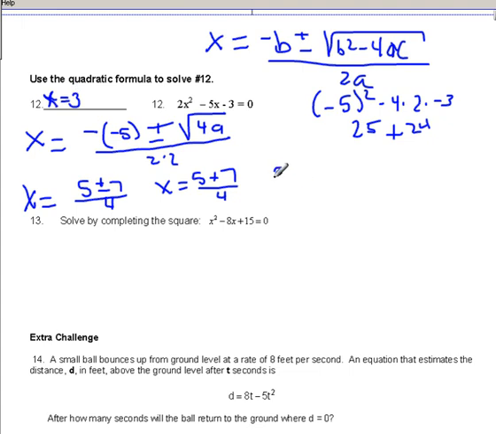And then 5 minus 7 over 4 is negative 2 over 4, which is going to be negative 1/2. Reduce this to negative 1/2.